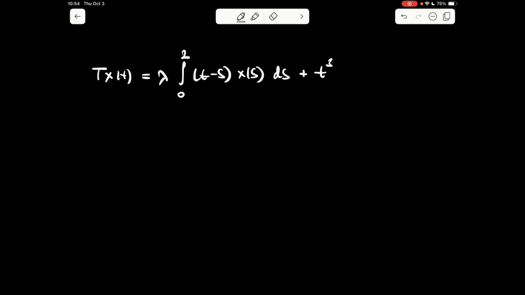So the space is not C. X is a function in the space of L2 over the interval 0 and 2. So x is a square integrable function over the interval 0 and 2.